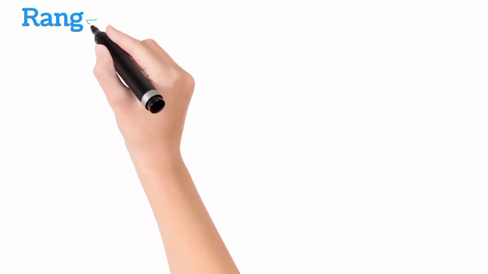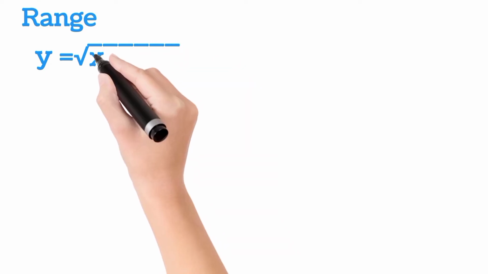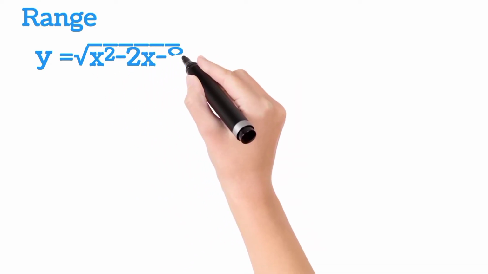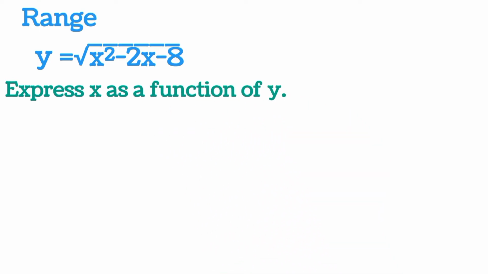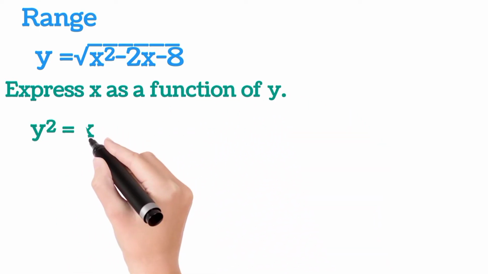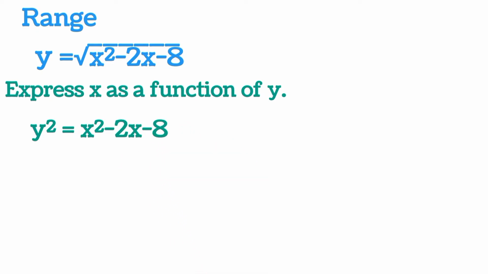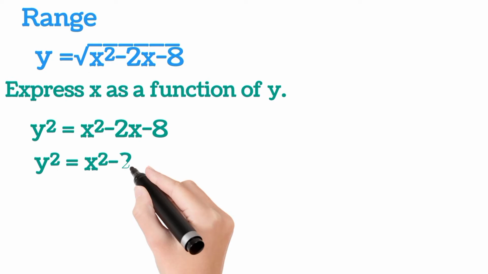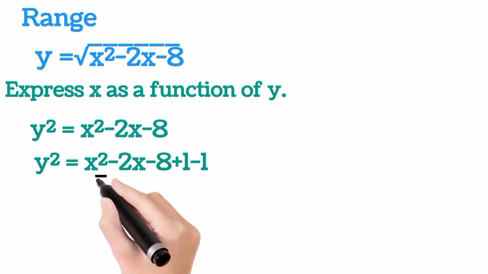Now for the range, let us write the equation again. y = square root of x² − 2x − 8. Now to express x as a function of y, we will square both sides. So y² = x² − 2x − 8, or this can be written as y² = x² − 2x + 1 − 8 − 1.